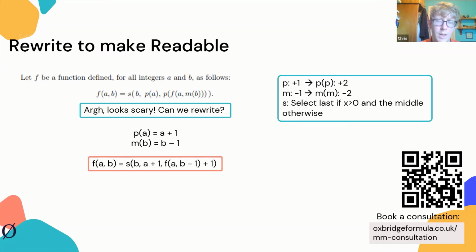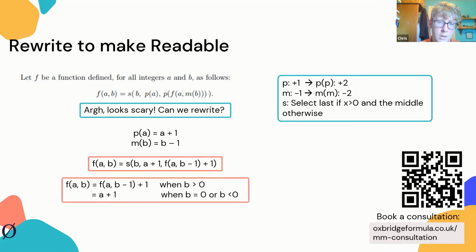So our two cases are, if B is positive, we only keep the last term, which is f of A and B minus 1, all plus 1. And if B is 0 or negative, then we just keep the middle term, which is just A plus 1. So I think this immediately makes it look simpler. The first line just simply relates the value of f at B to the value at B minus 1 in a fairly straightforward way.